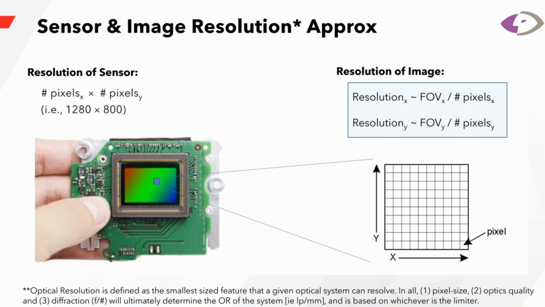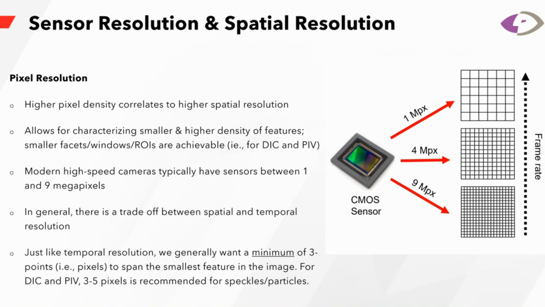So we determine the image resolution by dividing our field of view, the area that we have framed in the shot, by the number of pixels that we have available. By having more pixels across our field of view, we're able to achieve a higher spatial resolution. Higher spatial resolution allows us to define smaller details. It also allows us to output higher accuracy data when we are using algorithms to do processing such as pattern matching.